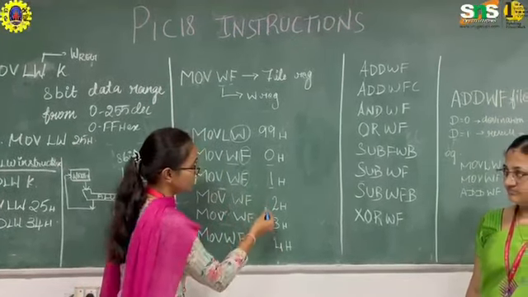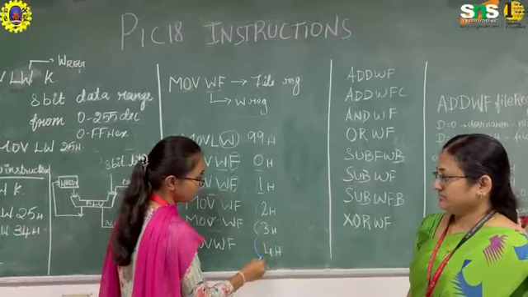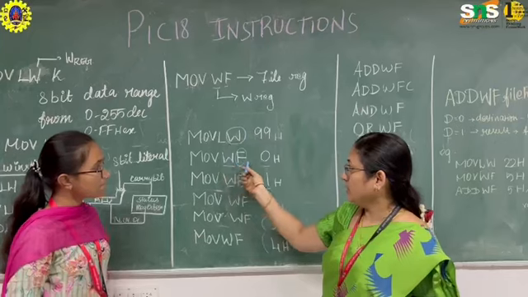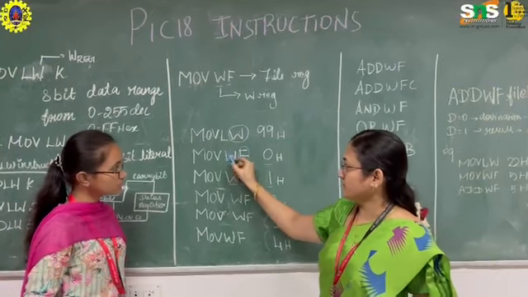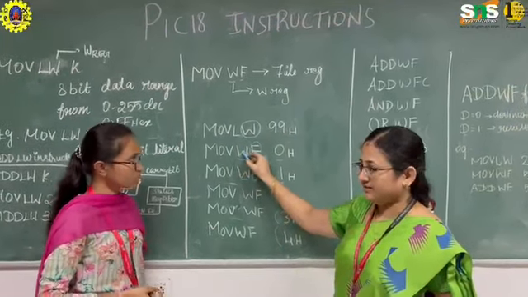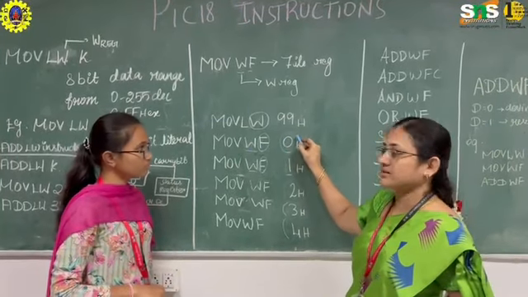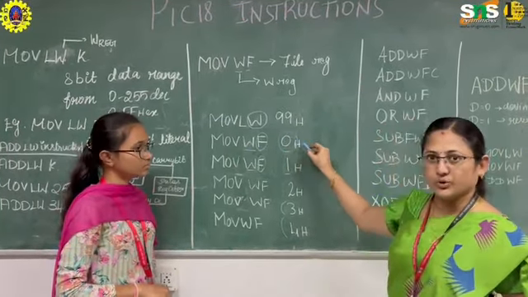So MOVWF means your work register value is 99, that 99 value is moved to 0H in the file register location. Now the 0H file register location has the value 99.